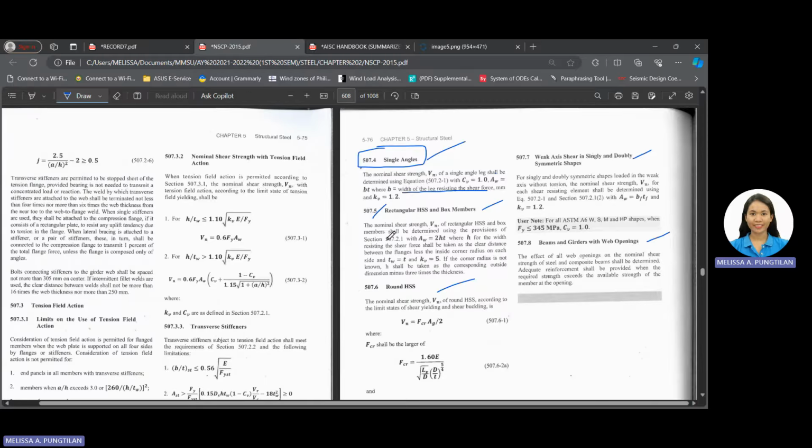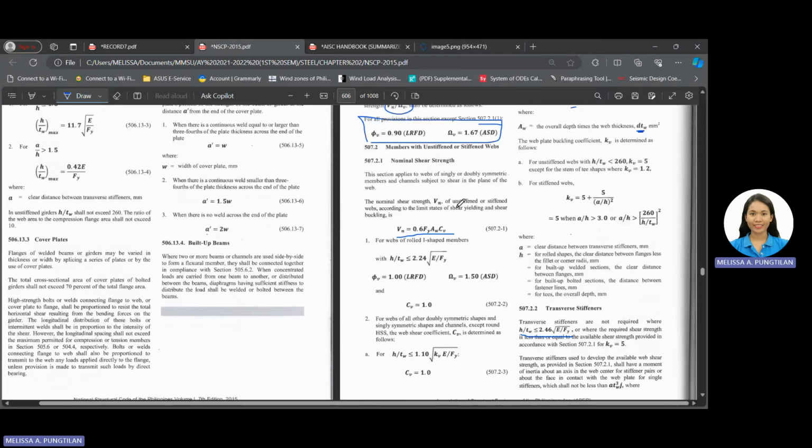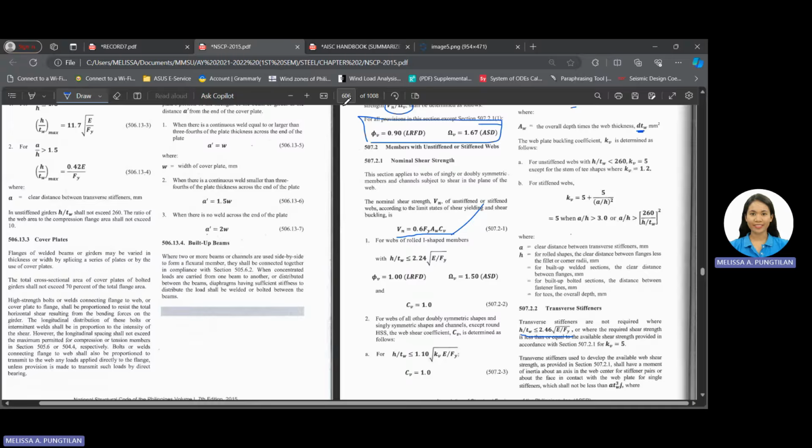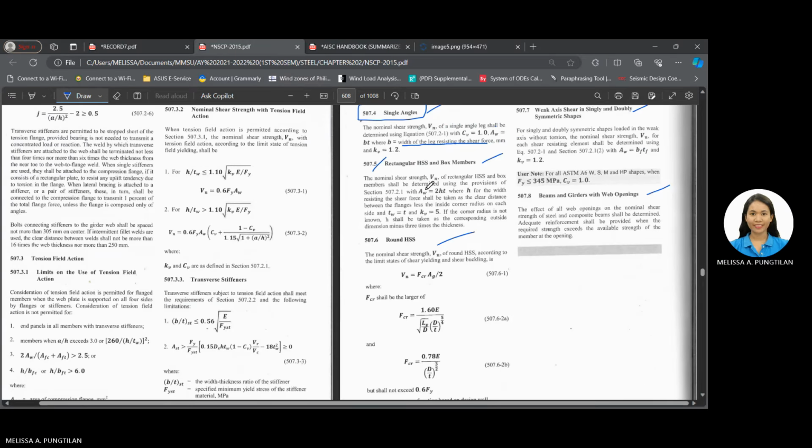So, gamitin daw natin yung section 507.2.1 for the formula of the nominal shear strength, which is this one. Ayan. Vn is equal to 0.6. Sulat natin. Vn is equal to 0.6 Fy Aw Cv. Okay. What is area of the web? Aw shall be determined using the provisions of section 507.2-1 with Aw equal to 2ht.